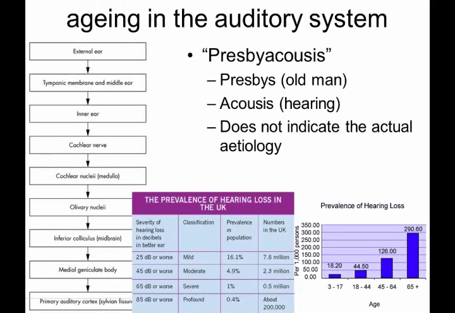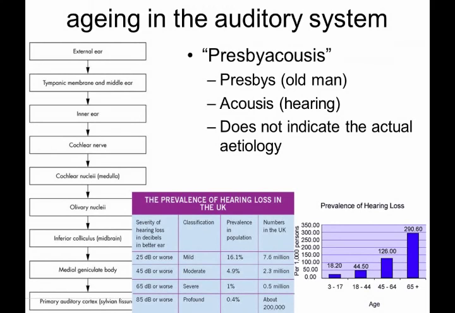But more to the point, the prevalence as a function of age: for 65 plus, we've got 290 per 1,000 persons, so that's about a quarter. So obviously there's something going wrong with the hearing over time, which is quite dramatic.